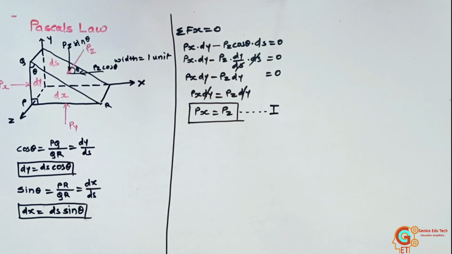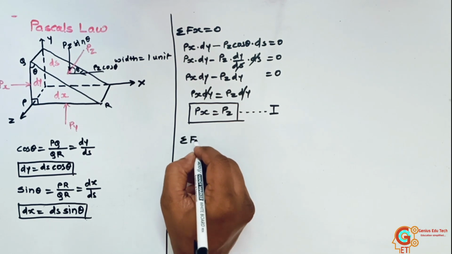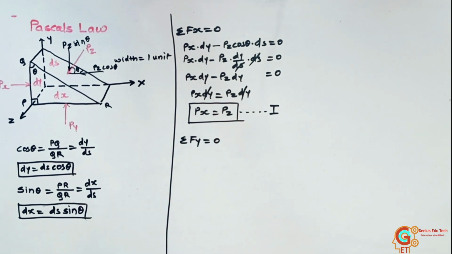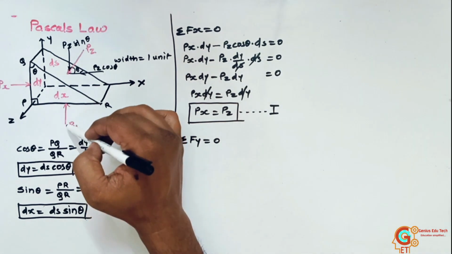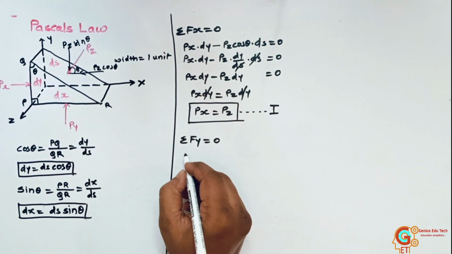Now let us resolve all the forces vertically. Sigma Fy is equal to 0. So first force acting vertically upward in positive y direction is Py into area dx.